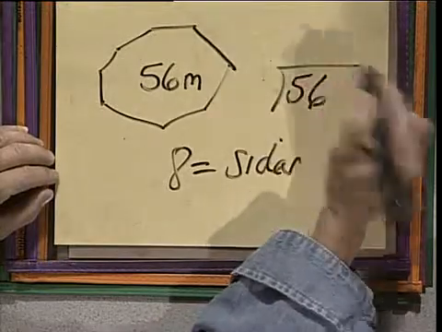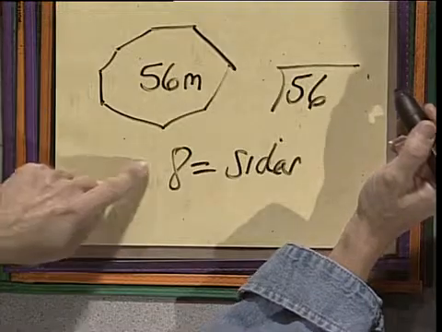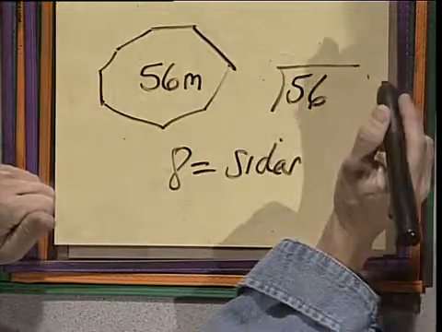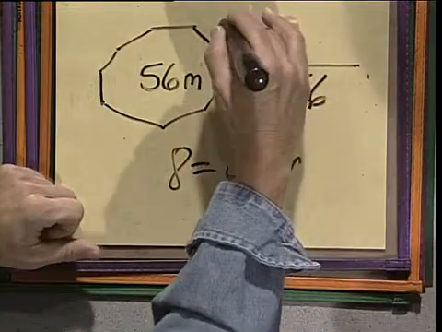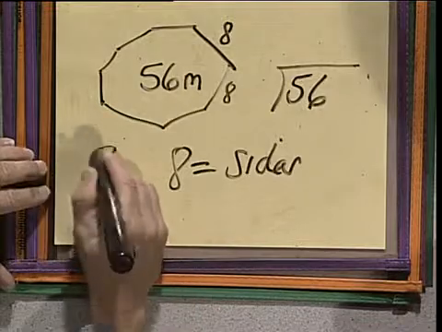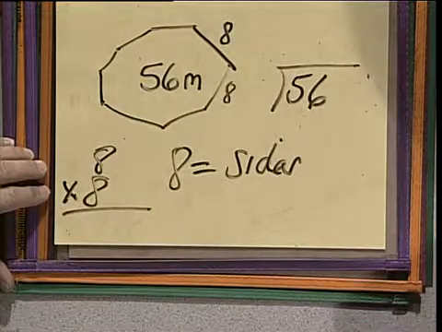By counting that 56? I could count up to 56 by 8. 8 plus 8 plus 8 plus 8. Is that what you're saying? Yes. Well, if I put 8 on each of my sides, and I have 8 sides, I'll have 8 times 8. And what does 8 times 8 equal?